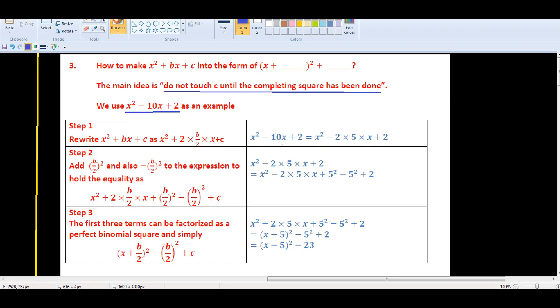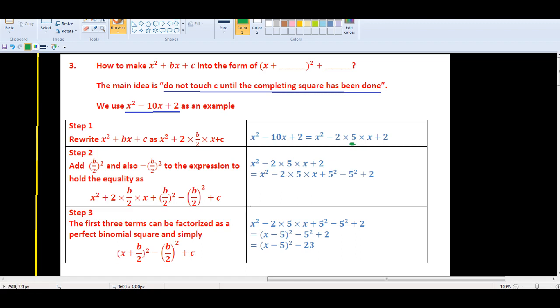So you rewrite x squared minus 10x plus 2 into x squared minus 2 times 5 times x, where 5 is the key number. The 2 is still 2, just sitting there waiting for the completing square to be finished.